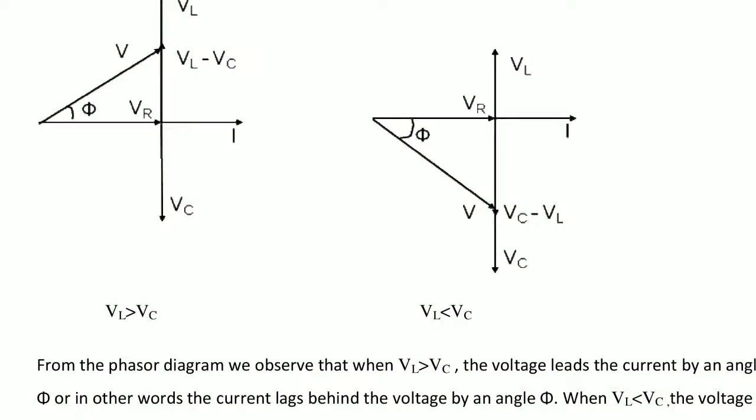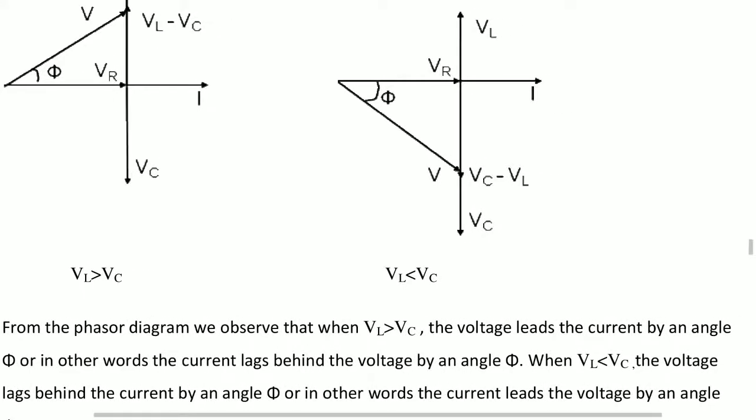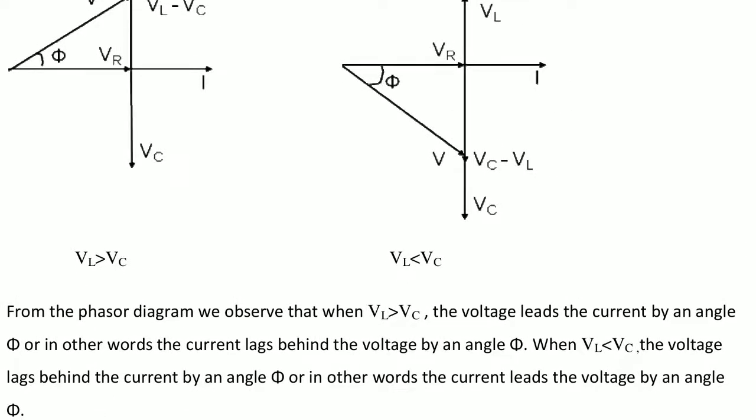VR and VC minus VL are vector additions, which give the resultant circuit voltage V. From the phasor diagram we observe that VL is greater than VC, the voltage leads. VL greater than VC means the nature of the circuit is inductive, and in an inductive circuit the current is lagging.